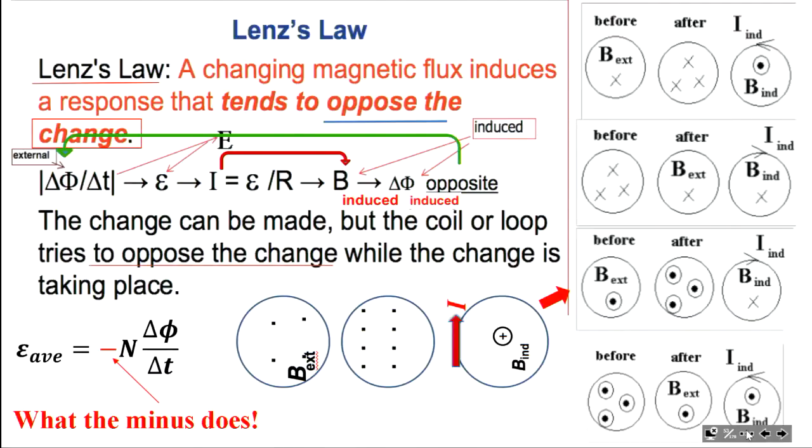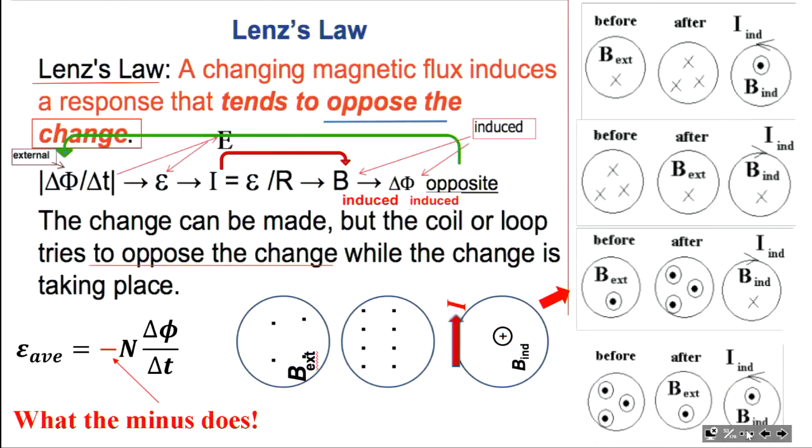But of course, since it's a science, there is a general rule which will automatically give away the final answer. That rule has a name, the Lenz's law. That's what it says. Changing magnetic flux induces a response that tends to oppose the change. That doesn't require understanding. That requires memorizing and practicing.